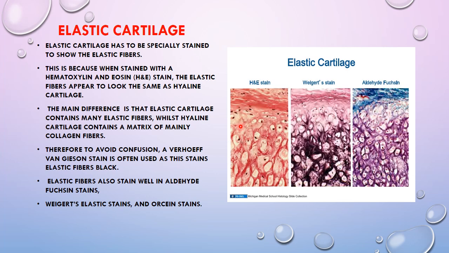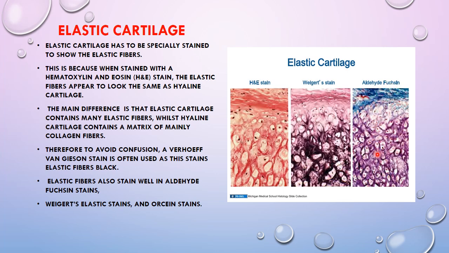Now, the elastic fibers of the elastic cartilage are difficult to stain with a routine H&E stain, so special stains are required. There is a variety of special stains like the Verhoeff-Van Gieson stain, the aldehyde fuchsin stain, Weigert's stain, and orcein stain.